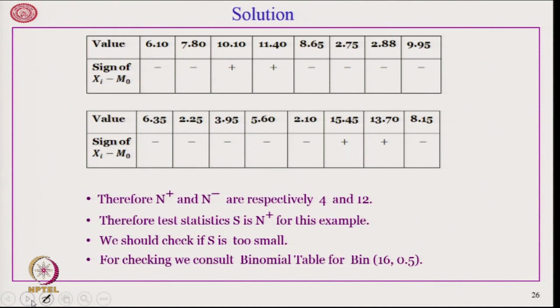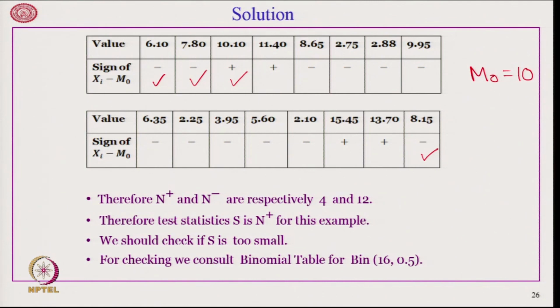We construct the table. We are considering the sign of x i minus m naught. Our m naught is equal to 10. Therefore, 6.10 gives a minus, 7.80 gives a minus, 10.10 gives a plus, and like that we compute it for all the 16 observations.